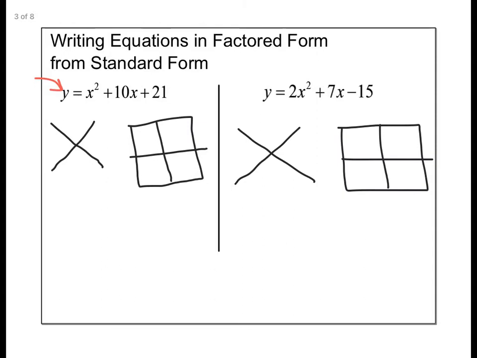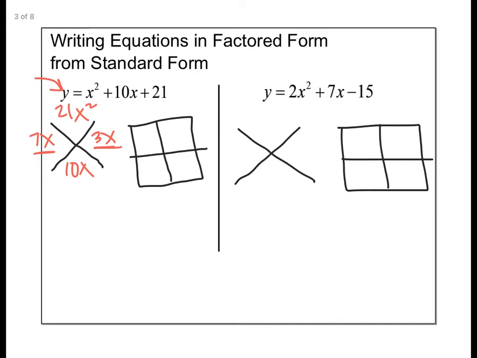So if you remember in the diamond, we do a times c, so that would be 21x squared and then 10x. And then these two side spaces here, they have to multiply to give us 21x squared, but add to give us 10x. So that should be 7x and 3x. And then I'm going to transfer that into my box.